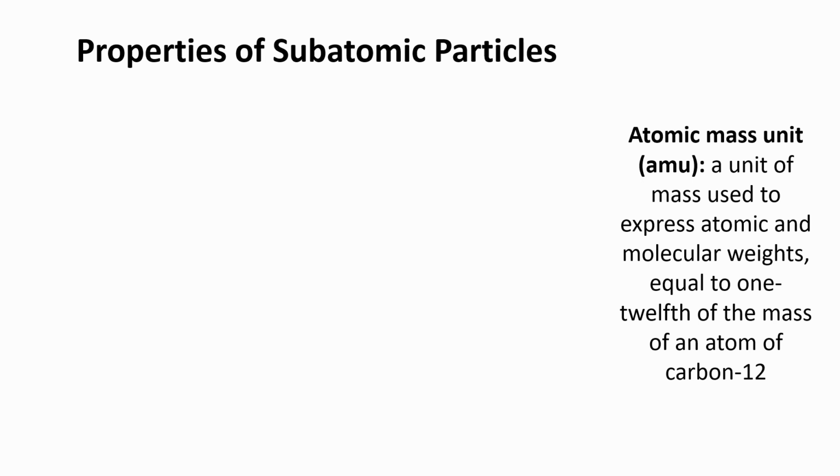Carbon has 6 protons and 6 neutrons in this case. So that means that 1/12 would be equal to 1 AMU. And so protons and neutrons each have an atomic mass unit of 1.